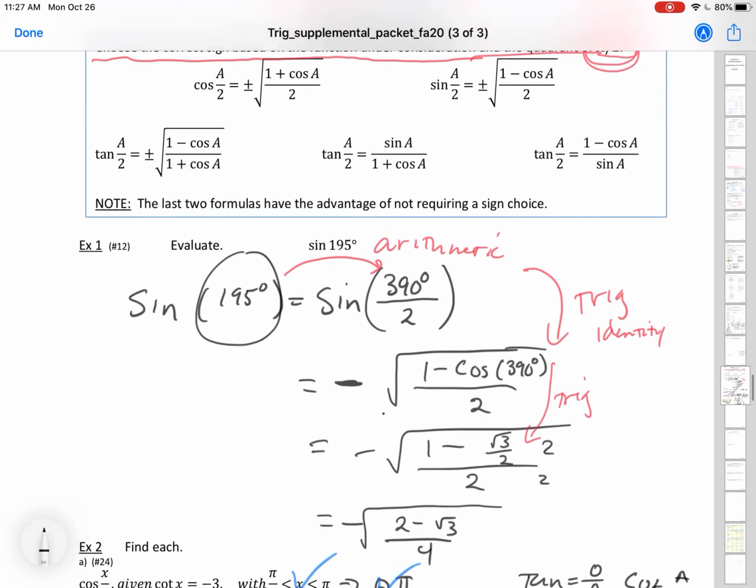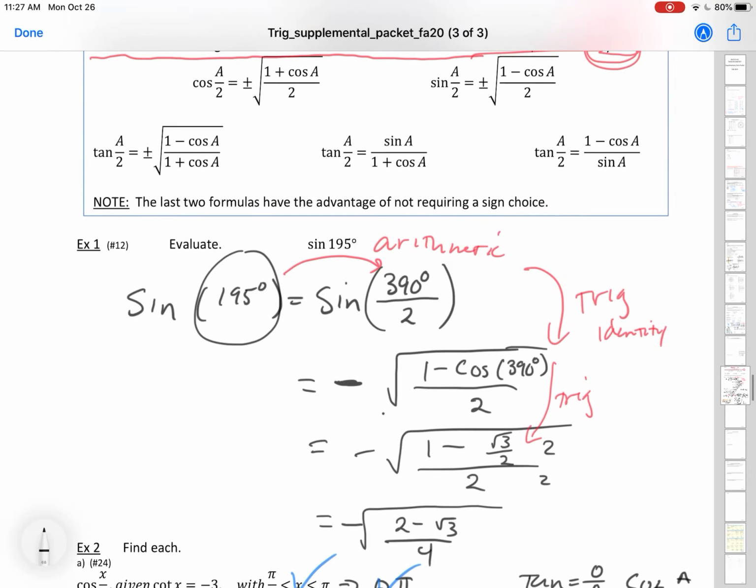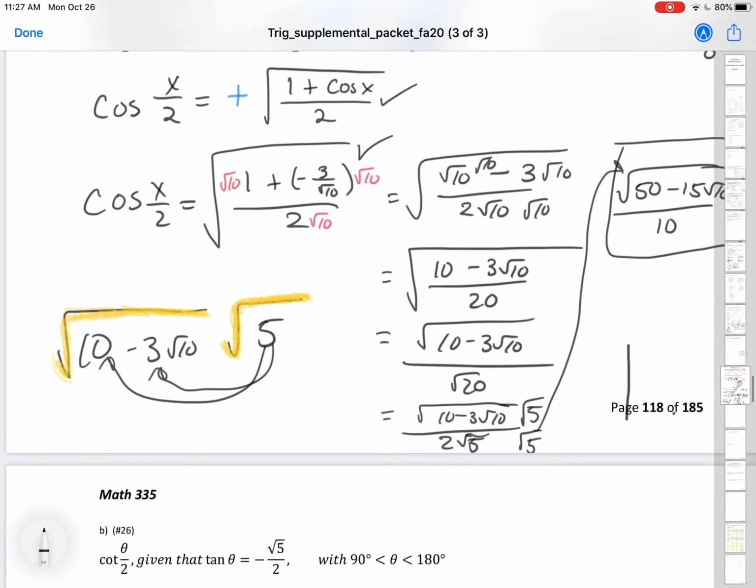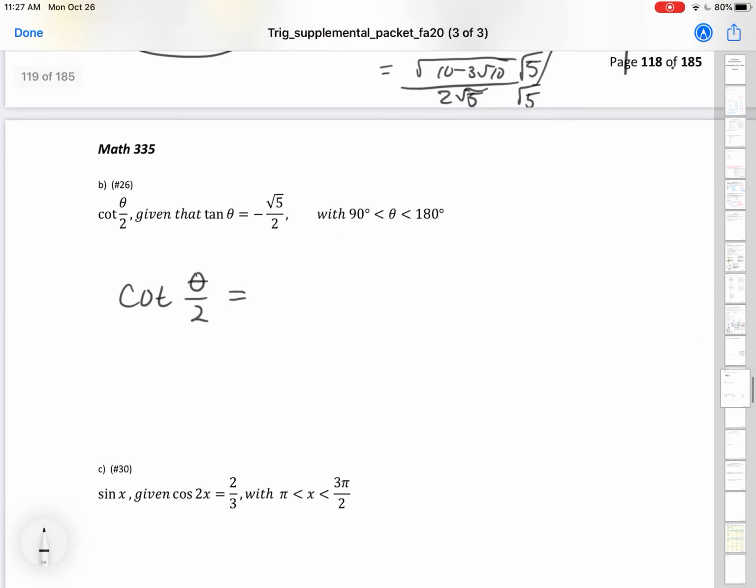As we look at this guy, we know that cotangent of theta over 2 is 1 over tangent of theta over 2. So we could handle it like that.